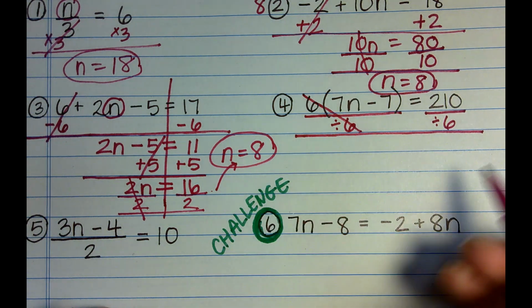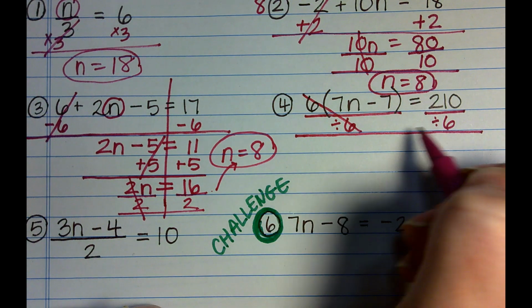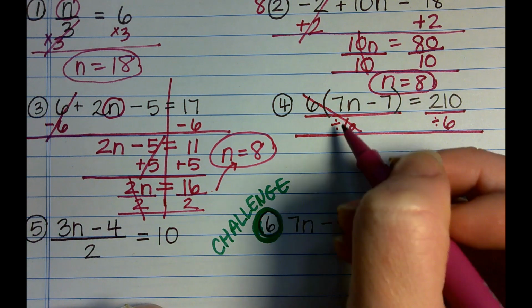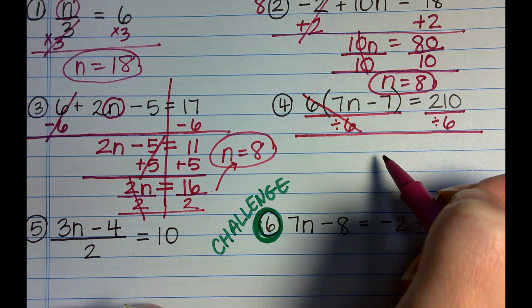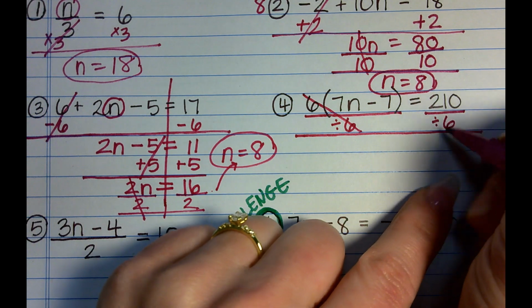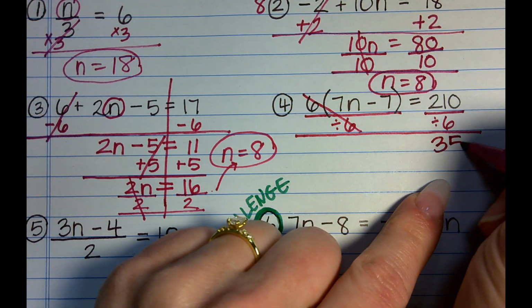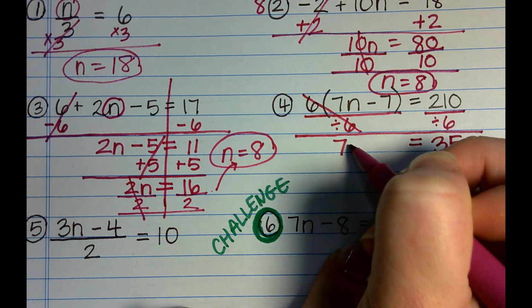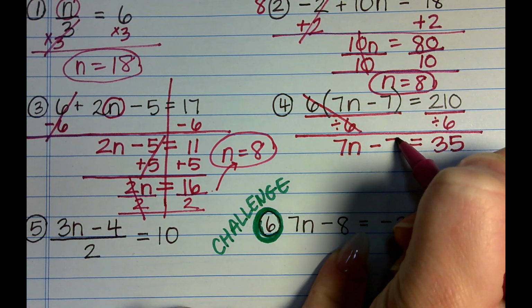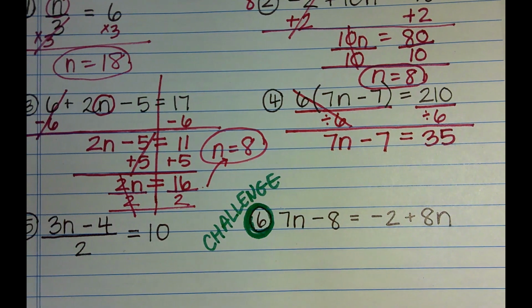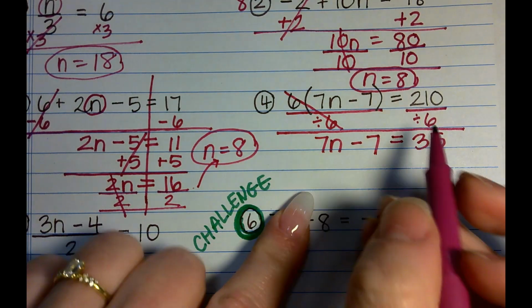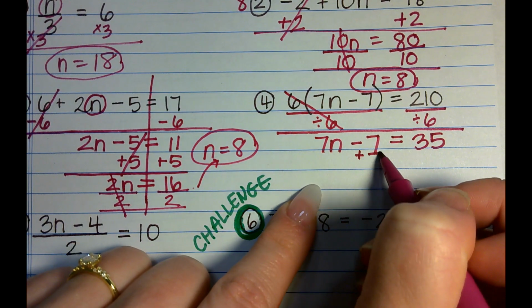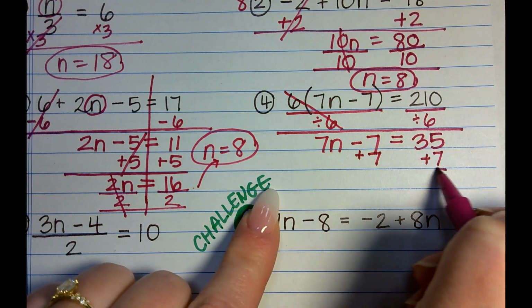And so my 6 is canceled. 6 goes into 210 35 times. Thank you. Okay, 210 divided by 6 is 35. And now you bring down your 7n. Now you take that 7 and add it to the 35. So we're going to plus 7 on both sides.